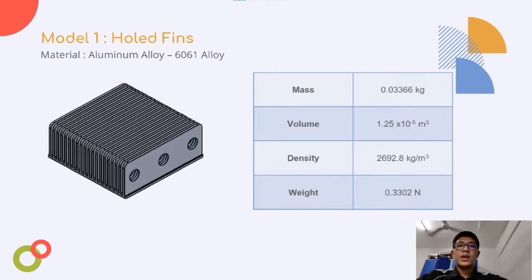The mass that we achieve is 0.03366 kilogram, and the volume is 1.25 times 10 to the power of negative 5 meter cubic, and the density that we calculate is 2692.8 kilogram per meter cubic, while the weight is 0.3302 Newton.